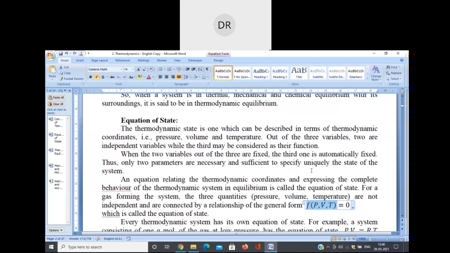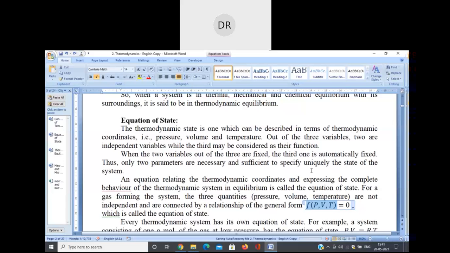In intermediate classes, we observe Boyle's law. According to Boyle's law, when the temperature of a system is constant, the pressure of the system is inversely proportional to its volume.